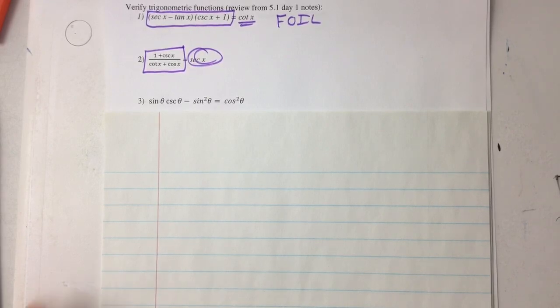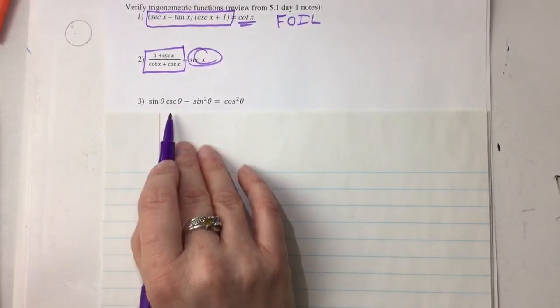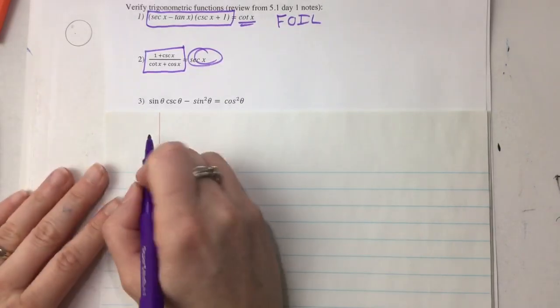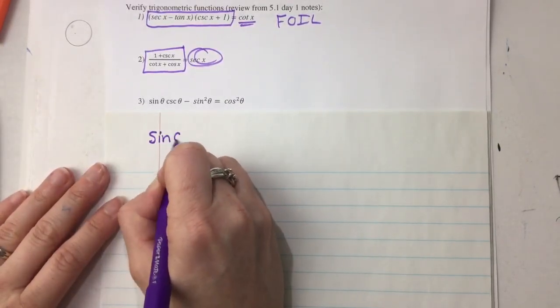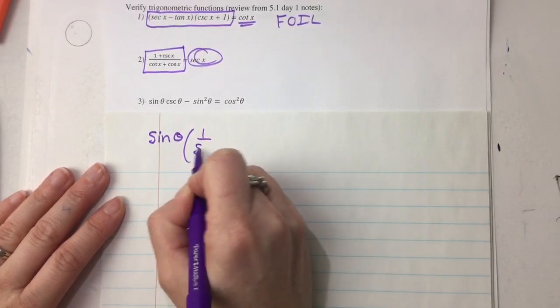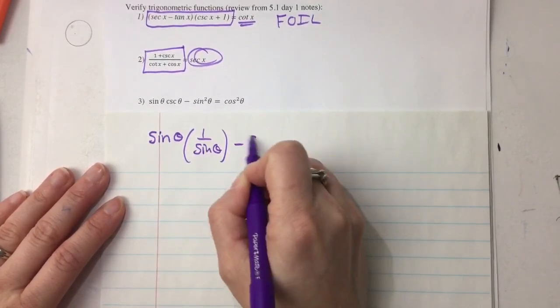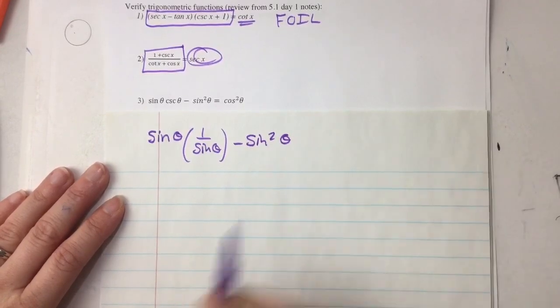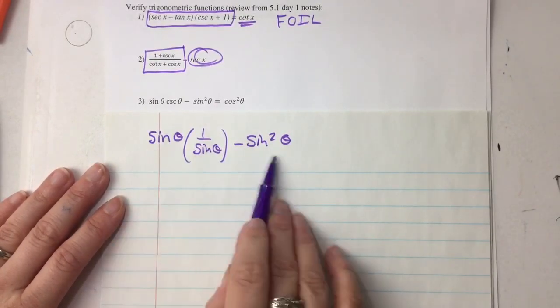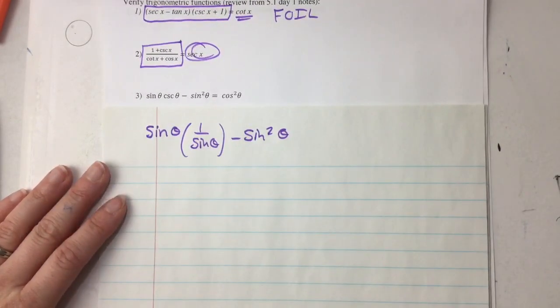Okay, all right, if I'm looking at number 3, again, I like to turn everything into sines and cosines. So the first step is I said, cosecant, turn that into 1 over sine, minus sine squared of theta. We need to work with this until we prove that it's a cosine squared of theta. Well, this one's going to be nice and easy for us.